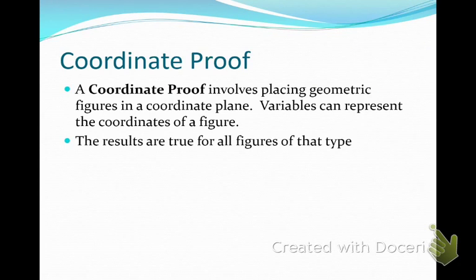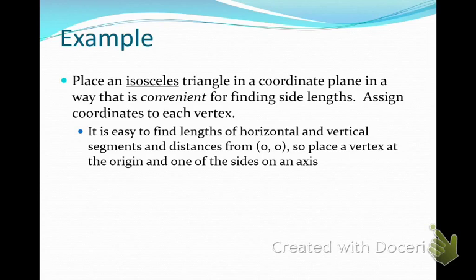Coordinate proof. A coordinate proof involves placing geometric figures in a coordinate plane. Variables can represent the coordinates of a figure. The results are true for all figures of that type. An example of a figure in a coordinate plane could be an isosceles triangle.